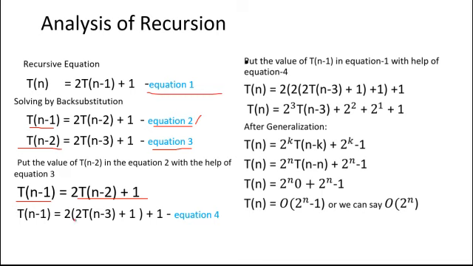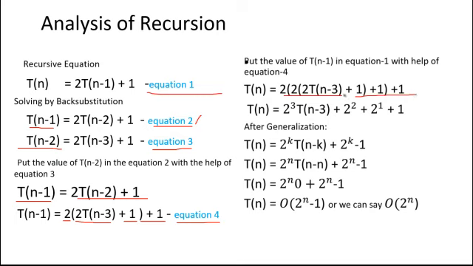So we have now 2T of n minus 3 plus 1 plus 1. Let's make this as our equation 4. Then let's put the value of T of n minus 1 in equation 1 with the help of equation 4. So we have here 2 times 2T of n minus 3 plus 1 plus 1 plus 1.